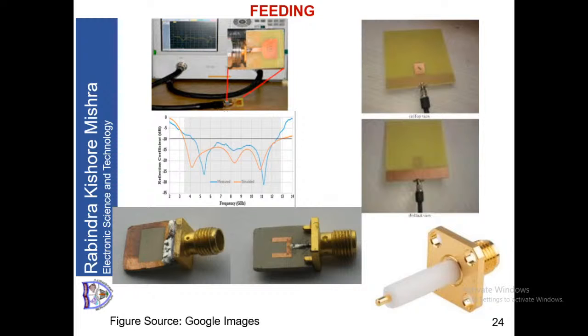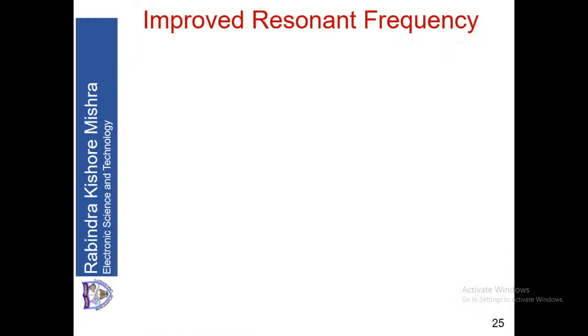Now let me come to the resonant frequency part that we discussed in the last class. Whether we can improve that resonant frequency expression that we saw. How can we improve the resonant frequency?